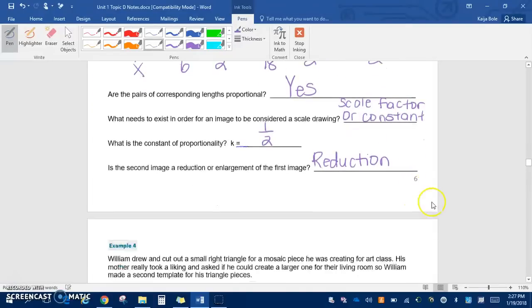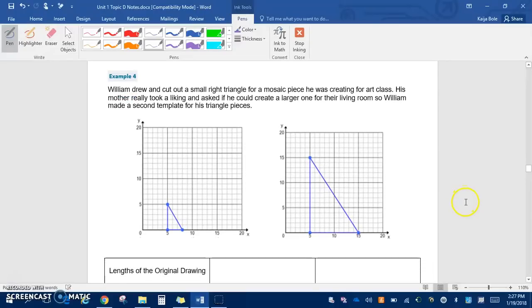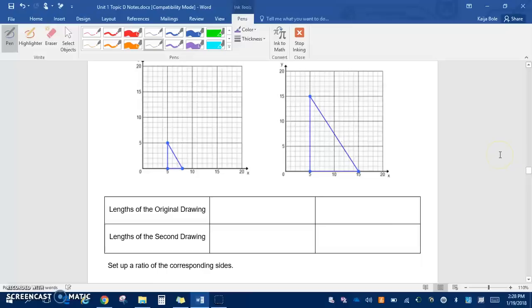We're going to go ahead and flip over to the next page and try one more all together here. And this one says that William drew and cut out a small right triangle for a mosaic piece he was creating for art class. His mother really took a liking and asked if he could create a larger one for their living room, so William made a second template for his triangle pieces. So again, we're going to measure the lengths here. So for the original, if we do the horizontal measurements, we're going from 5 over 7 to 8, which is 3 units.